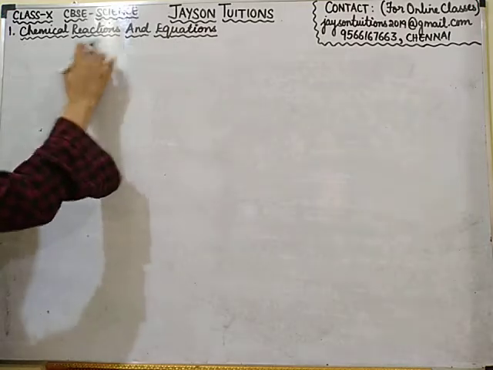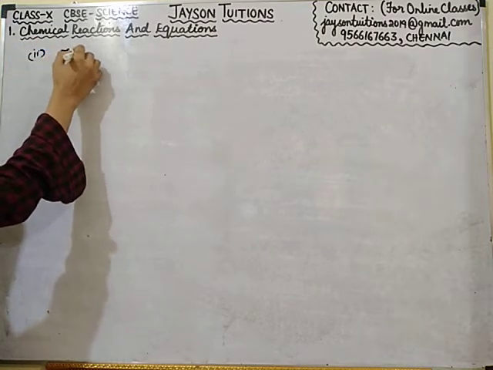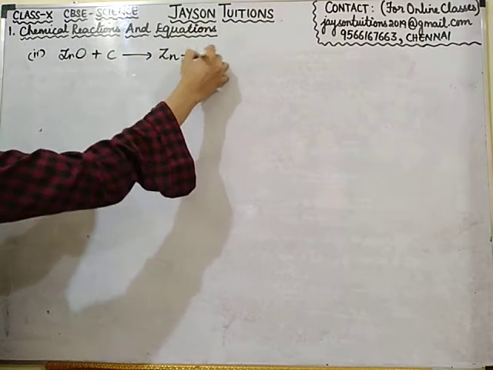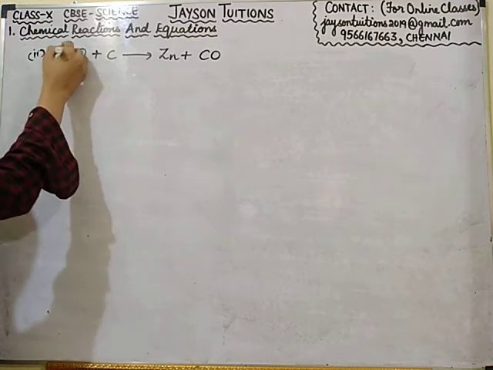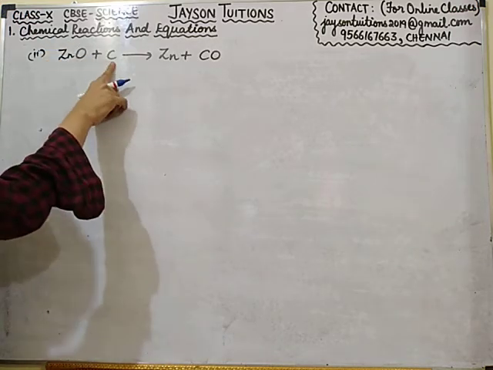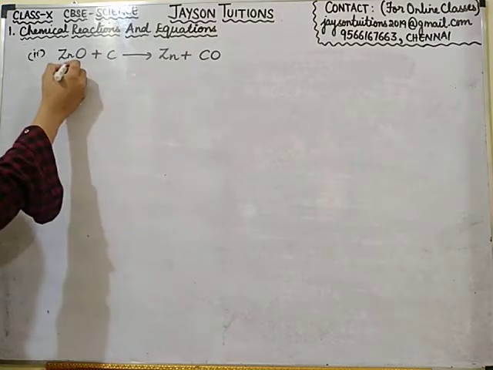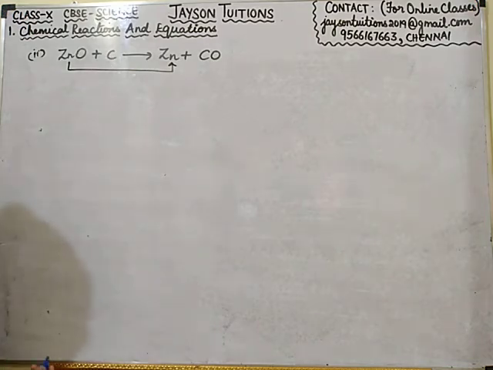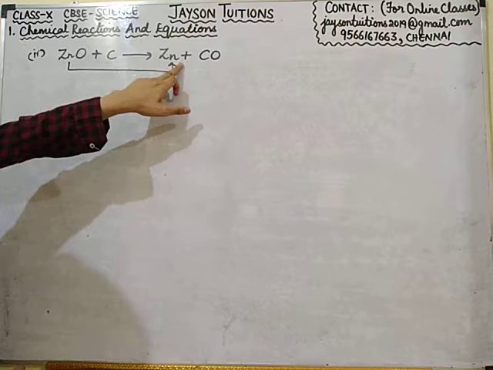One more example I will write. Example number 2: ZnO plus C gives Zn plus CO. Zinc oxide plus carbon gives zinc plus carbon monoxide. ZnO is getting converted into Zn, so here I am removing the oxygen from zinc.